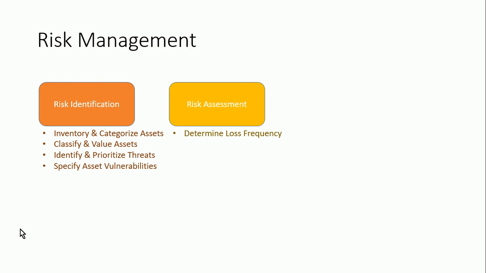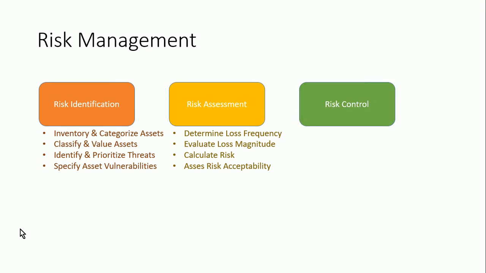So we determine how often that loss might happen. We try to determine the magnitude of the loss. In other words, how much is it going to cost us? So how often it happens, how much it's going to cost, and then we calculate the risk. And then we assess the acceptability of that risk and what we're willing to do to mitigate that risk. We'll talk about that here in just a few minutes.